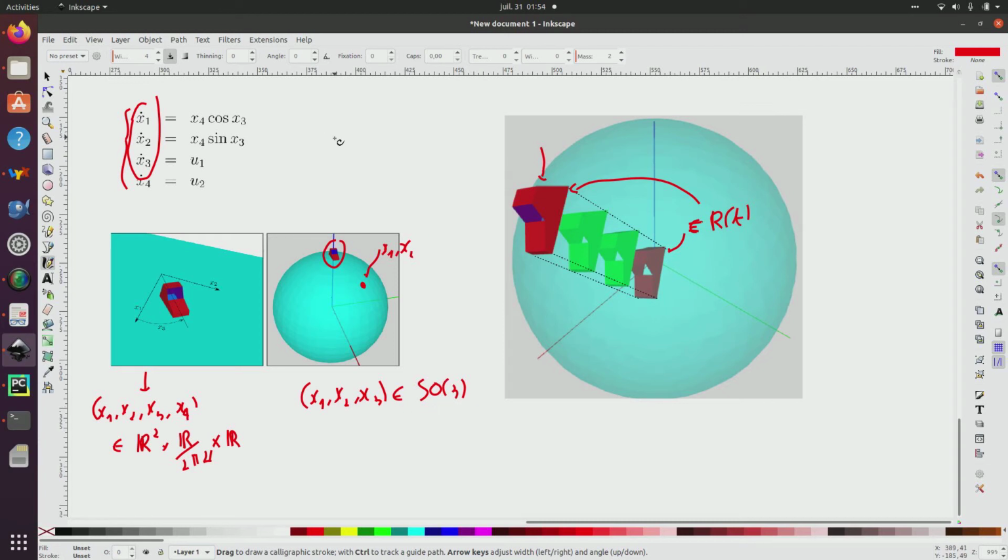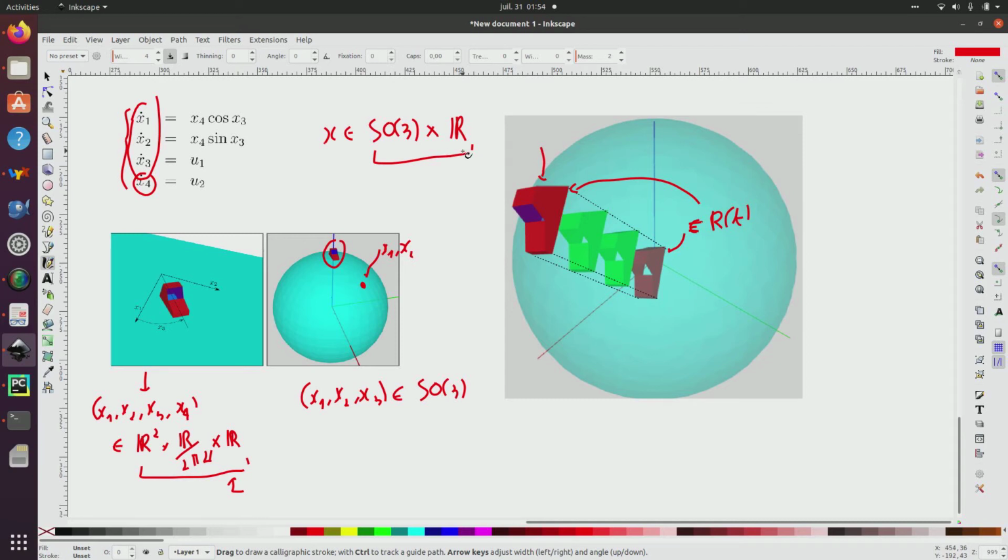So the state space for x belongs to SO3, the set of rotations, but I have to add x4, so Cartesian product with R. This is a manifold of dimension 4, and this was also a manifold of dimension 4. But this one, I am able to parameterize, but not this one.